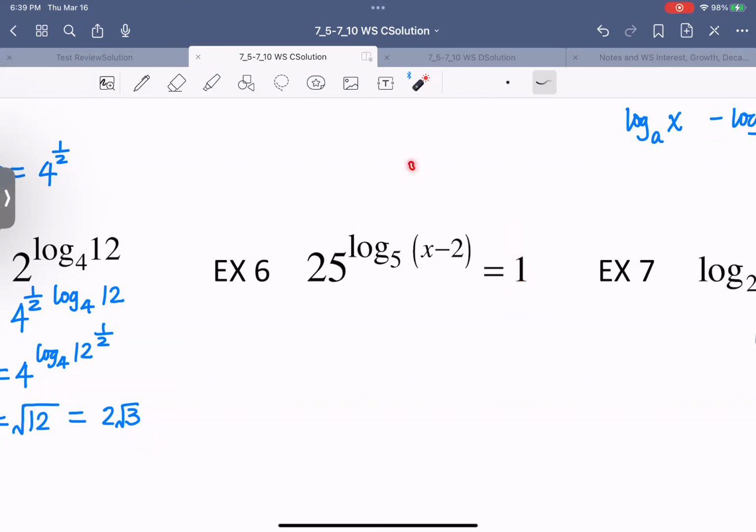Do you know, for example, 25 to the power of who gave you a 1? 0. Yes. So you write down this as 25 to the power 0. Make sense? Yes. And then this equals to 0, right? Yes. Okay. So you put log base 5 here, x minus 2 equals to 0. And then your x minus 2 will be?